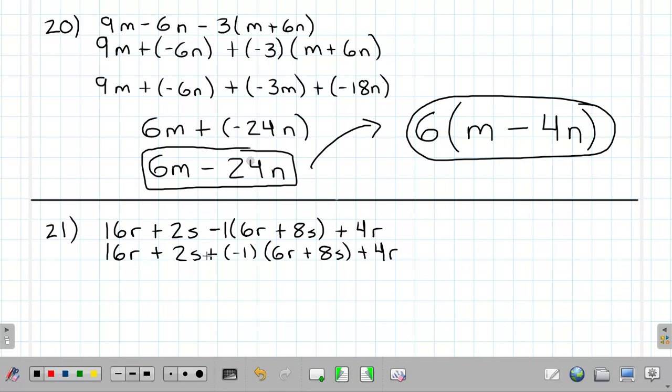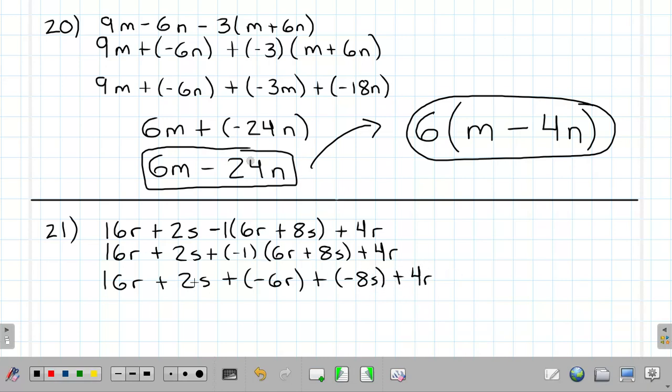So once again, we're still going to have the 16r plus 2s plus -6r, because -1 times 6r is -6r, plus -1 times 8s is -8s, plus 4r.